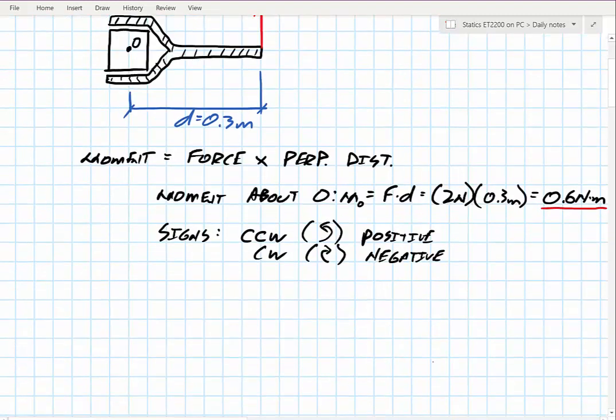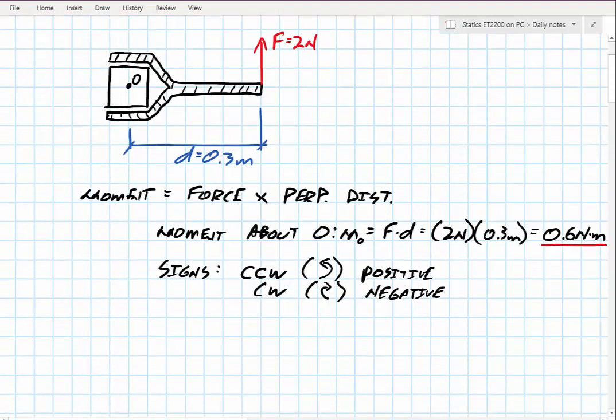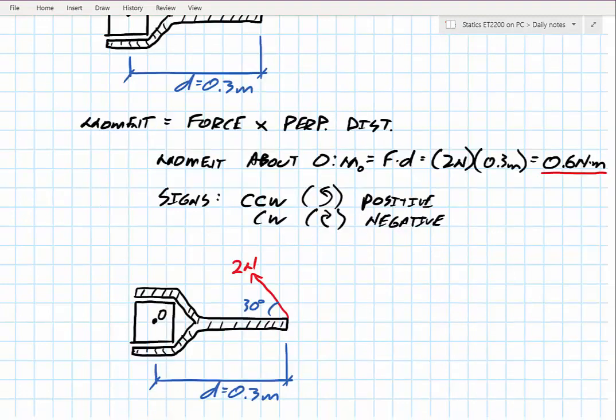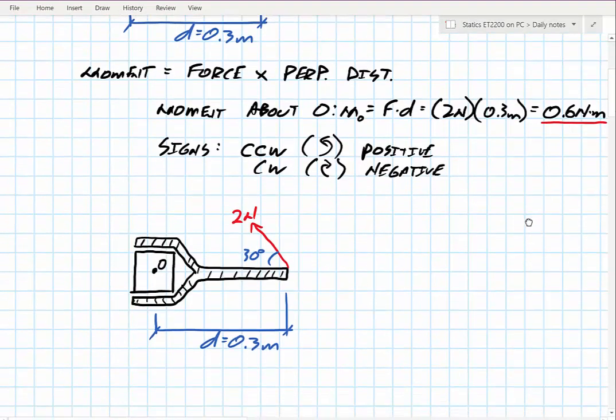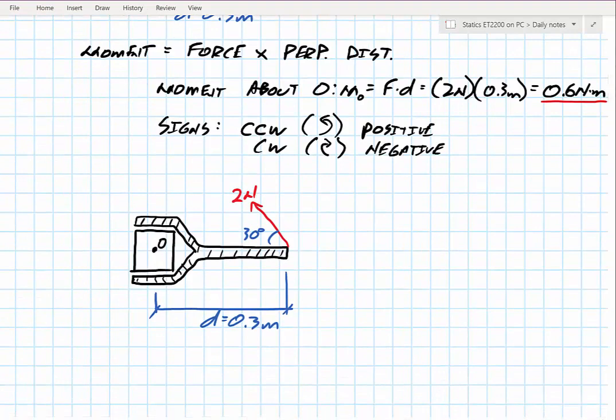Now note it does say perpendicular distance, so if I had the exact same case, only that force wasn't perpendicular like this. If I had this scenario, you can imagine that if I need a force times perpendicular distance, what I can do is take the components of this 2 Newton force, one in the vertical, one in the horizontal, and of course the one in the vertical would be 2 newtons times the sine of 30 degrees.